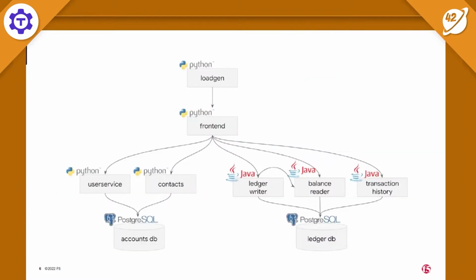So this is a quick look at the application itself. This is a banking application. It's written in Python at the front end, and uses Python for certain pieces in the back end, as well as Java for other pieces in the back end. It has 2 Postgres SQL databases that it makes use of.